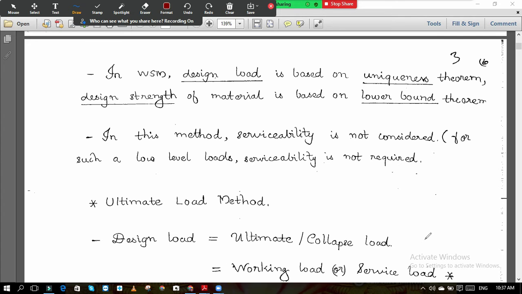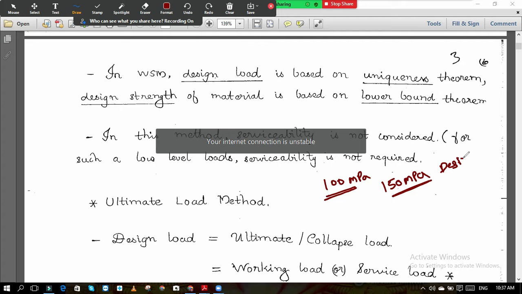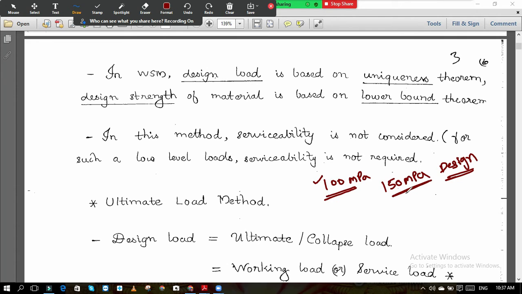So working stress method, if I tell you in simple things, suppose now 100 MPa is the stress, okay, then in the working stress method we design it round about to 150 MPa. This is our design. If the maximum stress is 100, then we will design for 150.